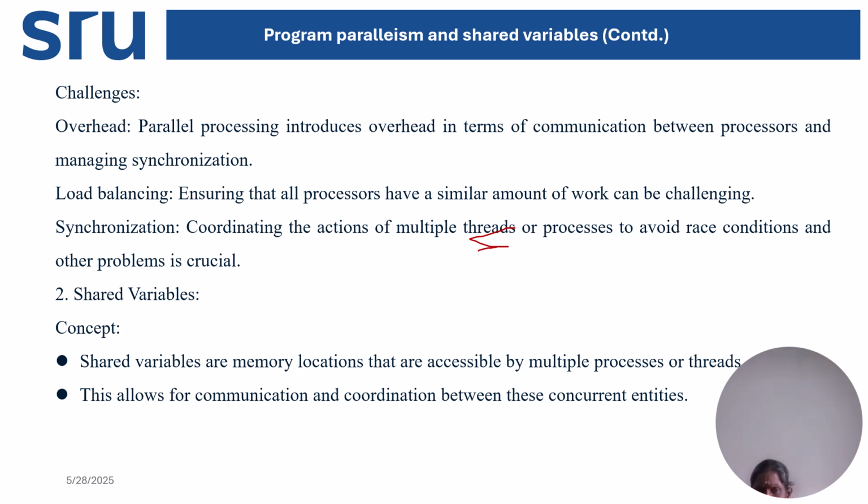Shared variable concept. A shared variable is a memory location that is accessible by multiple processes or threads. Suppose we have 5 processing elements, they can share the global main memory. This allows for communication and coordination between these concurrent entities. So what is the main thing?